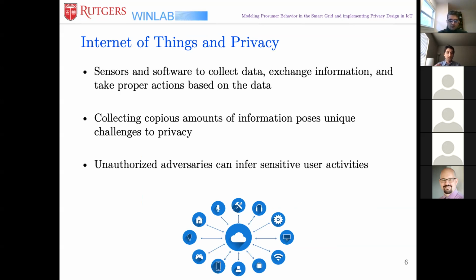Studies show that it's possible to infer private and sensitive information from the traffic pattern, even when the data is encrypted and secure. Hence, unauthorized adversaries with access to the traffic flow of IoT devices can infer sensitive user activities, and these findings motivate considering mechanisms that can improve privacy in IoT systems.